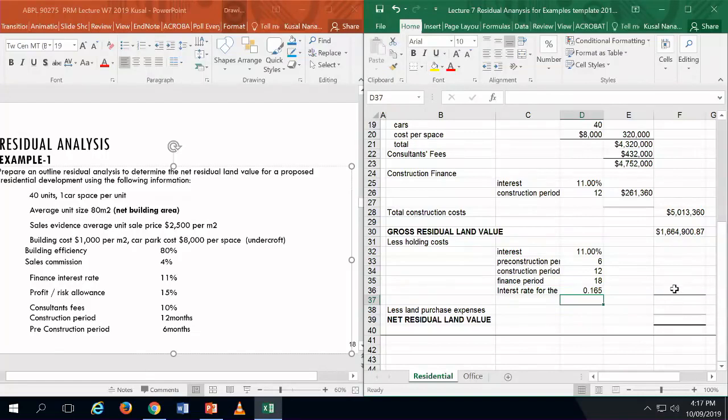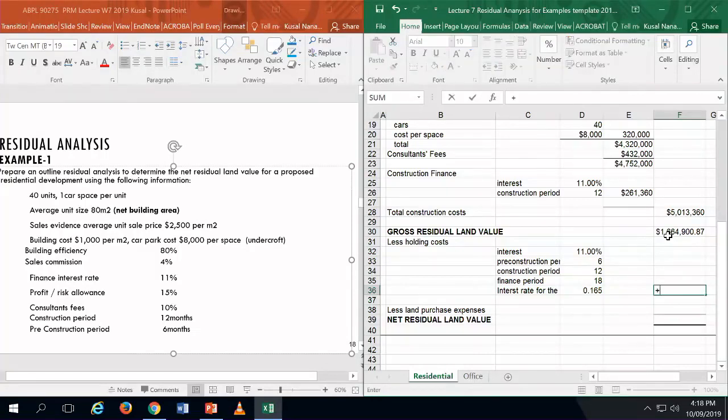So, this gross residual land value is 116.5, and then you have to calculate the 16.5. Clear?